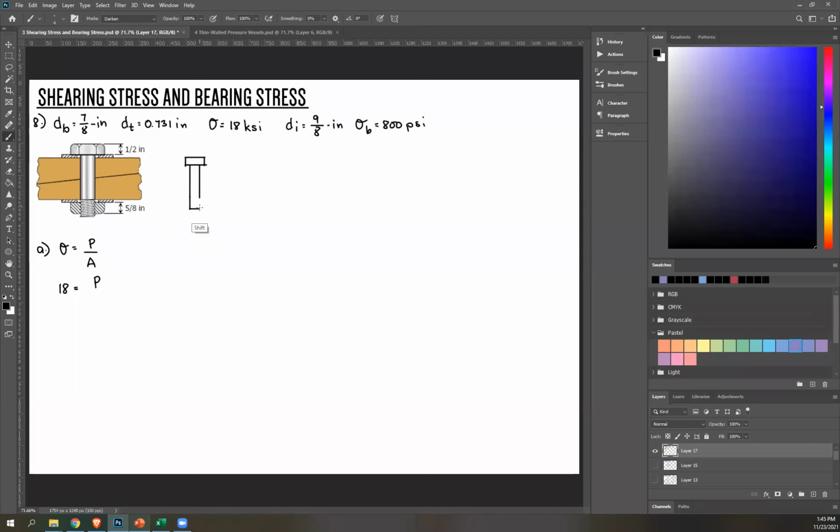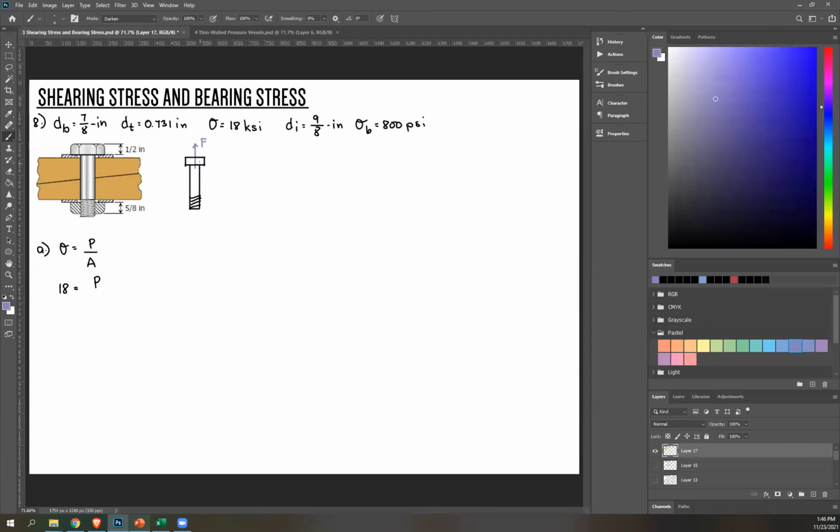So if this is experiencing tensile stress, then it is appropriate to conclude that this is also experiencing tensile force. And remember, tensile force is just away from the object. So that's your F.